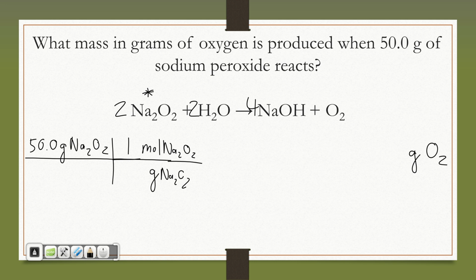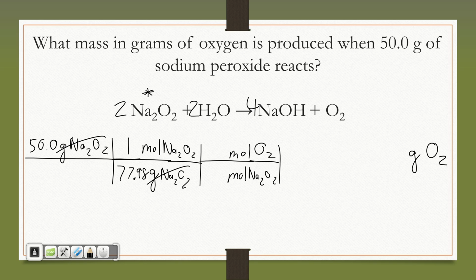Grams and moles on 1 because I'm doing molar mass, which is 1 mole. And that's going to be 23 times 2 plus 32, 77.98. I'm now in moles of Na2O2, so I'm coming from moles of Na2O2 to moles of O2. Again, I could technically go anywhere, but I'm trying to find O2. I look at the chemical equation.